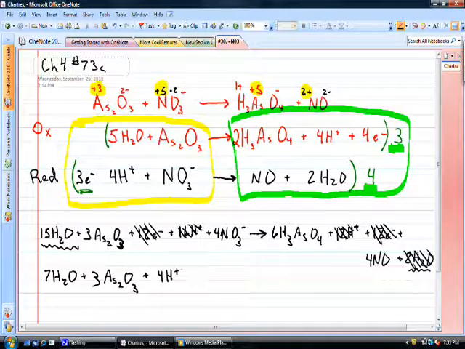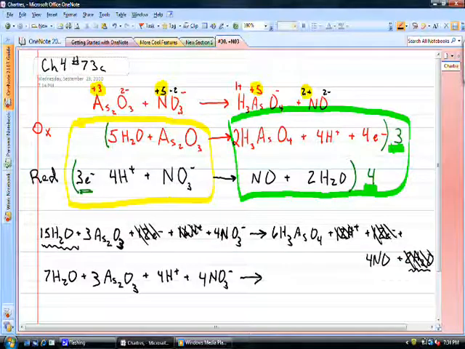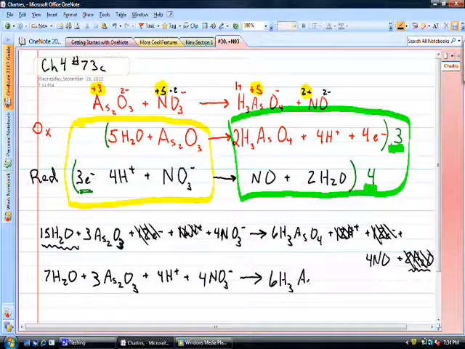And we have 4 NO3 negative, 4 nitrates. That's all of our reactants. So we have 6 H3AsO4, and we have 4 NO.